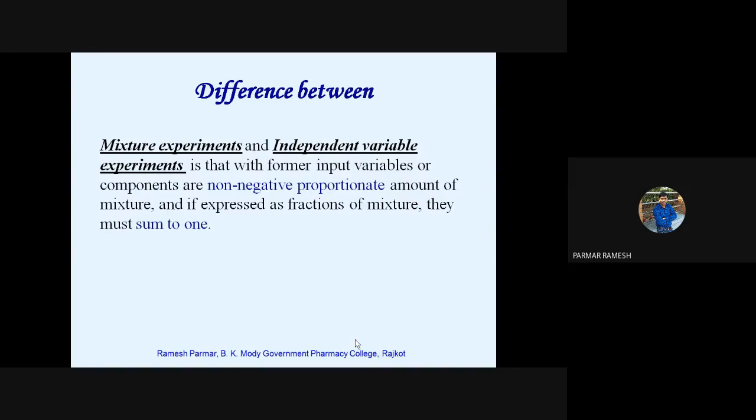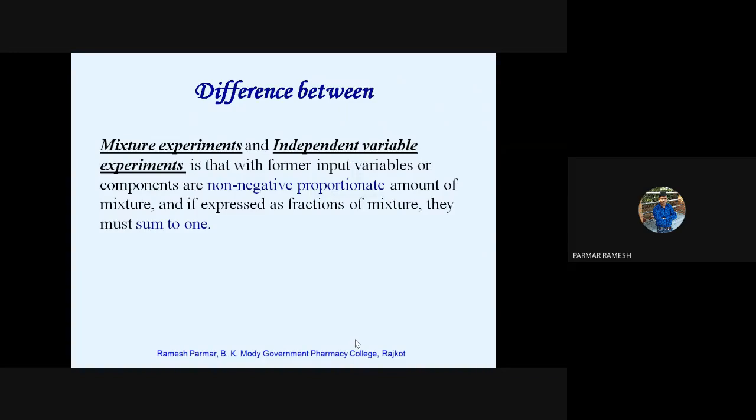In a mixture design, the levels will range from 0 to 1, not -1 to 1. And that is why the equation for coding of the mixtures is different. We will discuss it, but it's a different equation than the one we were using for the conventional or independent variable experimental designs, in which the equation was actual minus average divided by maximum minus average. Over here, it will be different.